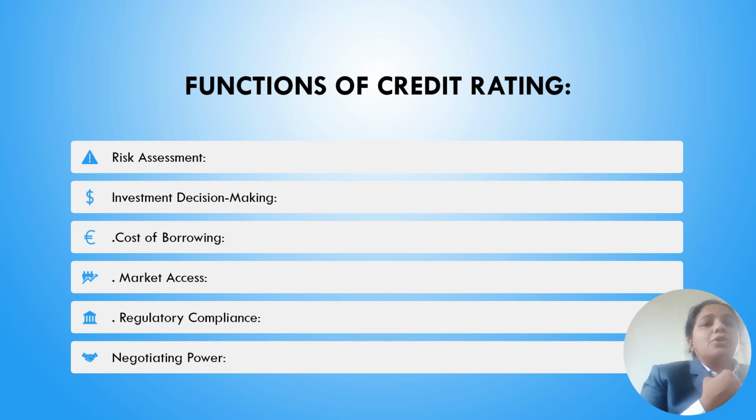Next is the cost of borrowing. The cost of borrowing influences the interest rate at which entities can borrow money. Higher credit ratings often result in a lower borrowing cost. Next is market access. It enables the entity to access the capital market for fundraising through debt issues.